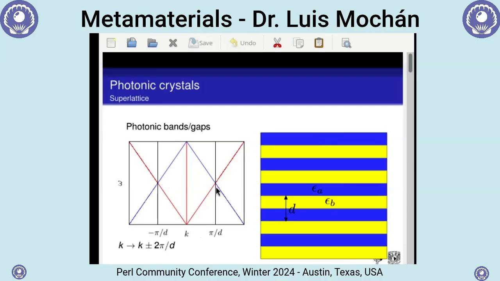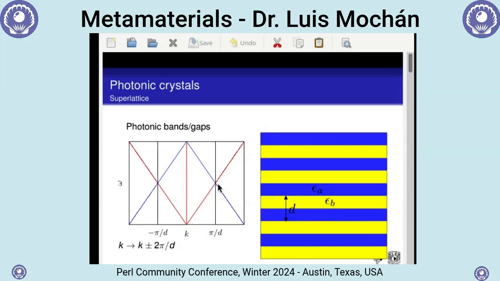So if you look precisely at this point, you can see that you have a crossing where light that is moving leftwards can be diffracted into light that is moving rightwards with the same frequency. So you have what is called degeneracy in physics.